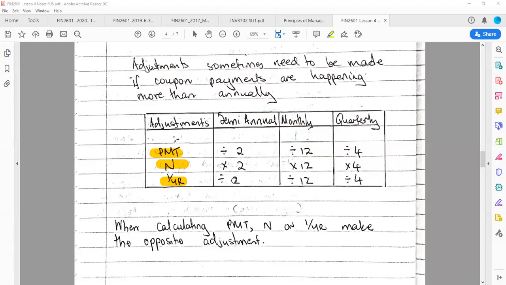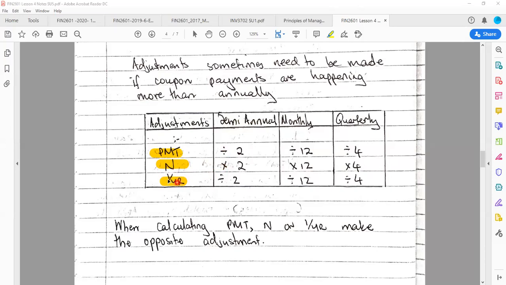Meaning if coupon payments are happening semi-annually and we are calculating PMT, we need to remember to multiply the PMT by 2, right? Or if we're calculating N, we need to remember to divide the final answer of N by 2. So you see we're doing the opposite to what's written.